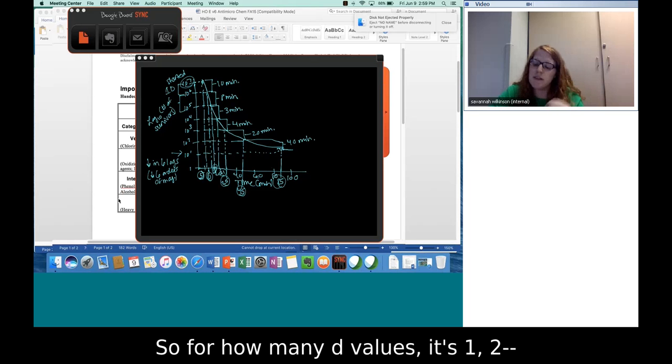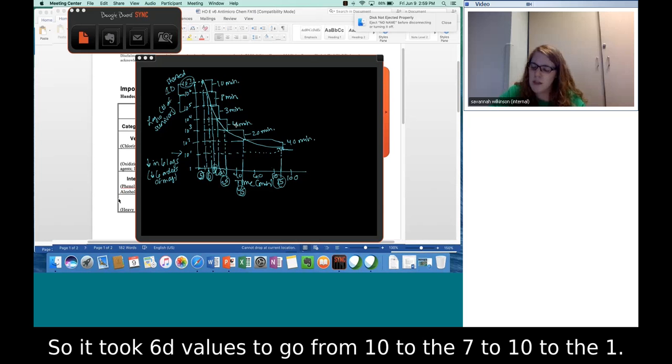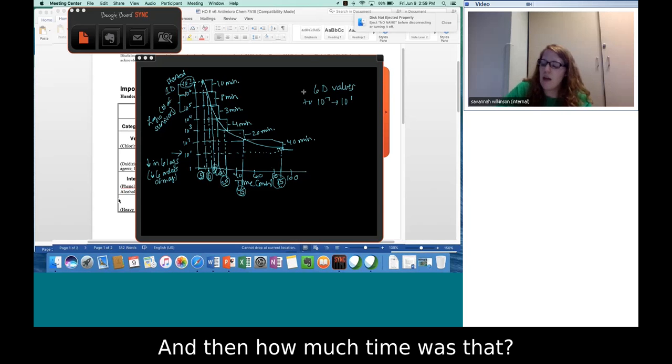So for how many D values, it's 1, 2, 1, 2, 3, 4, 5, 6. So it took 6 D values to go from 10 to the 7 to 10 to the 1. And then how much time was that?